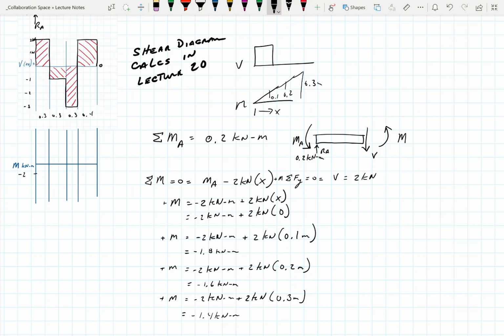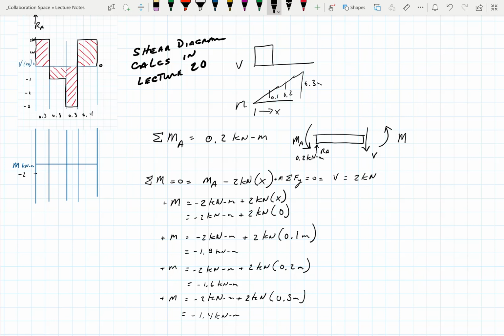Okay, so the shortcut to this would be this. If I know that at C, just before, at, and just after. Just before, it's going to be 2 kilonewtons times 0.3 with a slight minus.